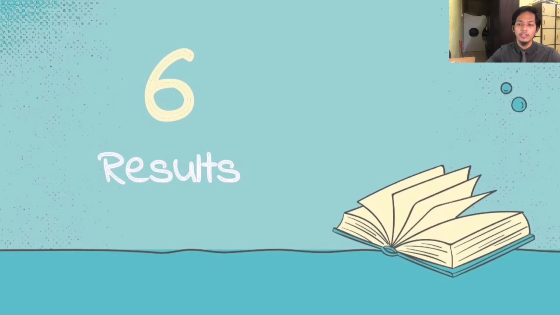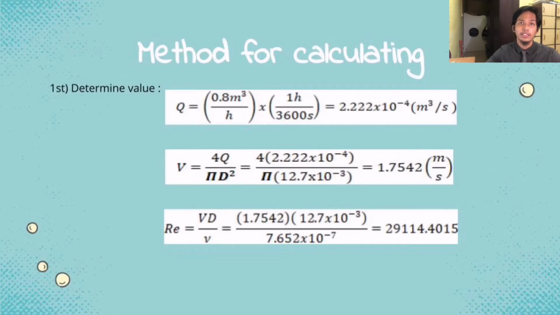So first of all, to calculate the coefficient of friction for each pipe, first we need to determine the value of Q. We will show you how we calculate for the galvanized pipe. For the galvanized pipe, we take the data for the first flow rate, which is 0.8 meter cube per hour. We convert it into meter cube per second, so we get 2.22 times 10 to the power of negative 4 meter cube per second.